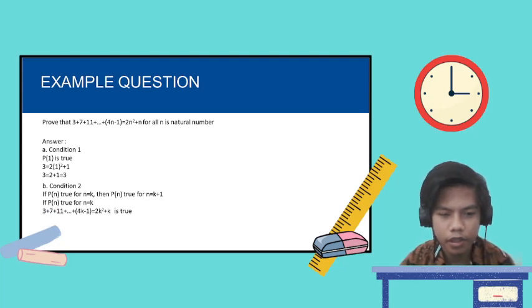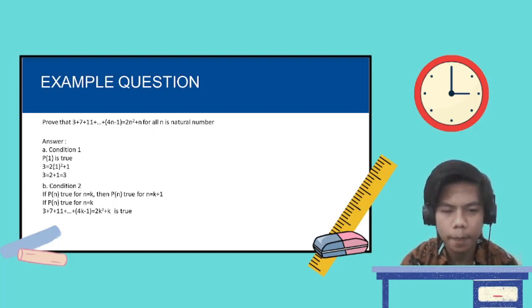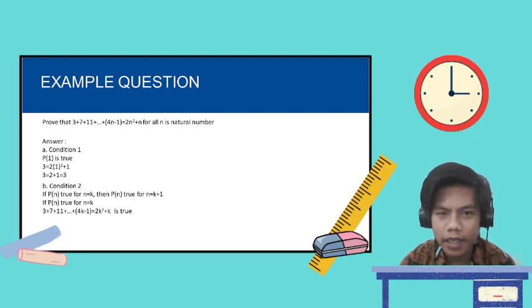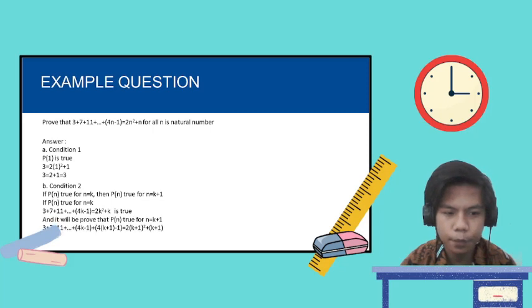And because of that, we need, if Pn is true for n equals k, so we have 3 plus 7 plus 11 plus up to (4 times k minus 1) equals 2 times k square plus k, and that is true. And we need to prove that Pn is true for n equals k plus 1.